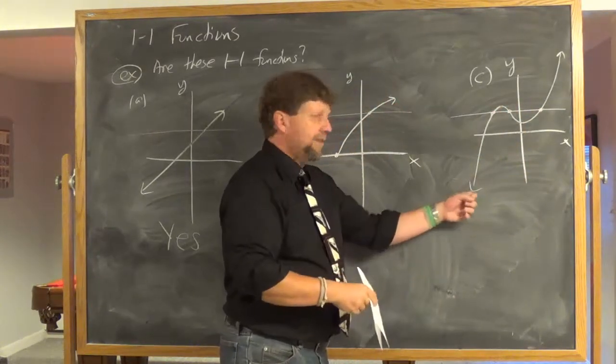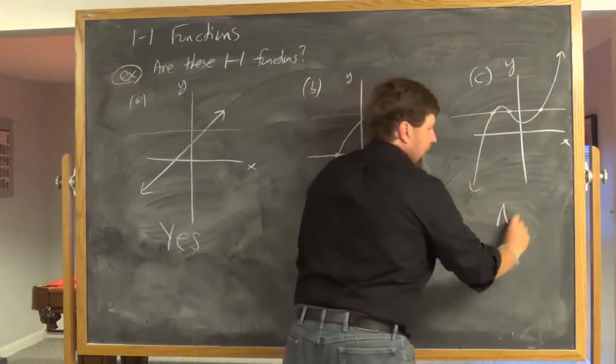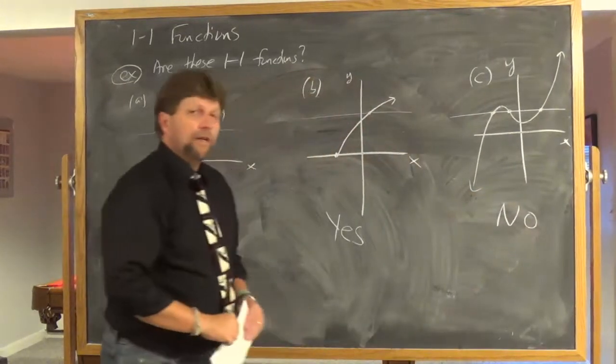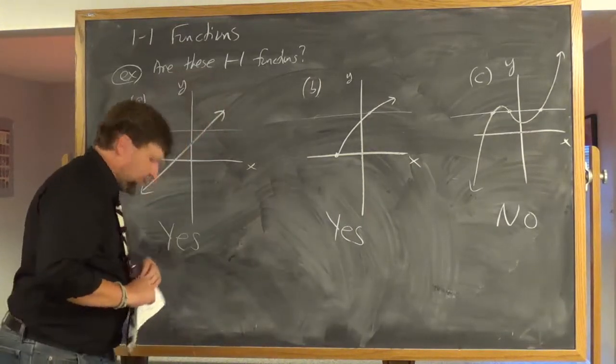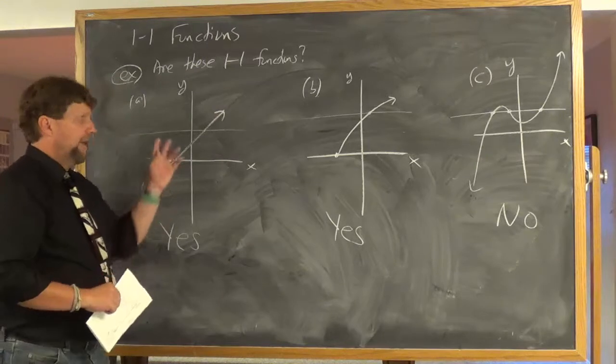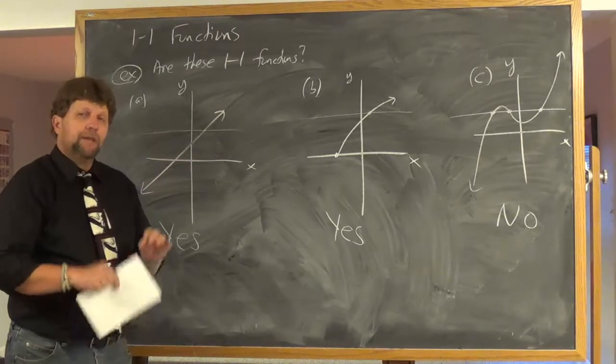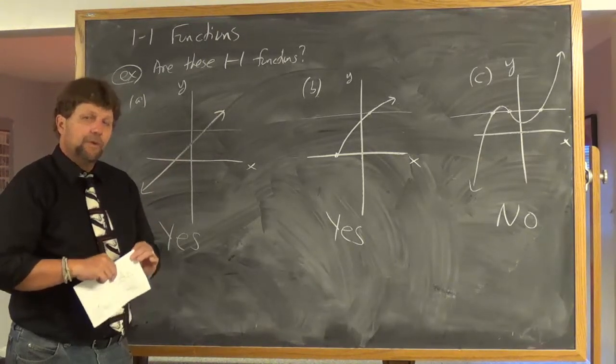That means this function is not a one-to-one function. One-to-one functions are special functions. They must pass the horizontal line test, but they are special functions, as we will see in a little bit.